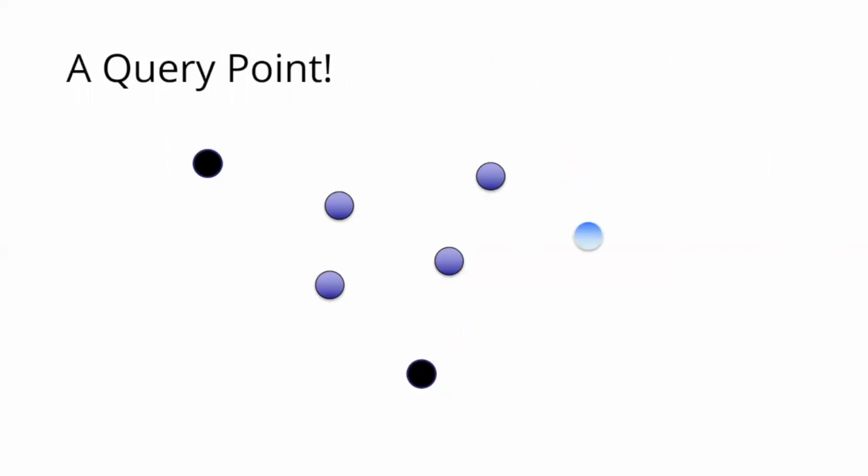Now, given that, let's consider a query point. And this query point is something that we don't know yet. For this given query point, what we want to do is to find a point that is closest to this.